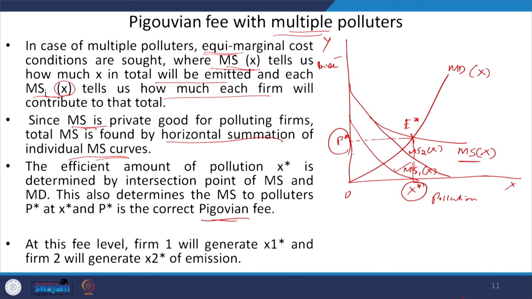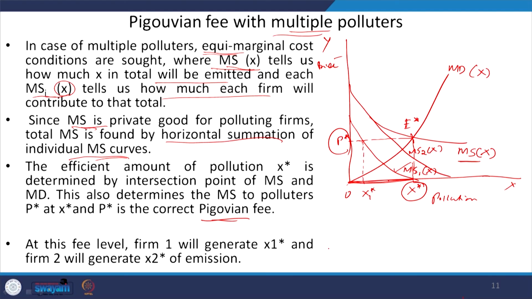And at this P star, obviously the total pollution to be generated is OX star. So, what is the portion of the pollution that is to be generated by the first farm? It will be found out by this P star when it is crossing the marginal saving function of the first farm. So, this is x1 star.